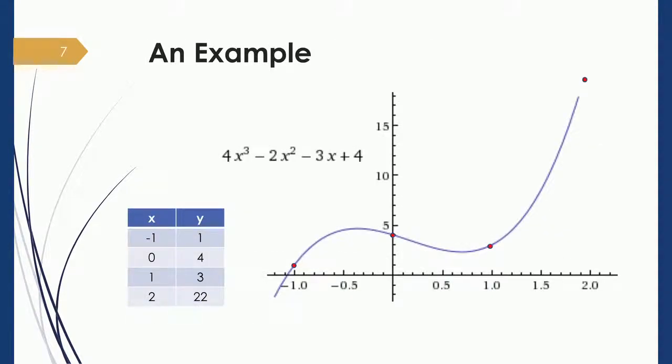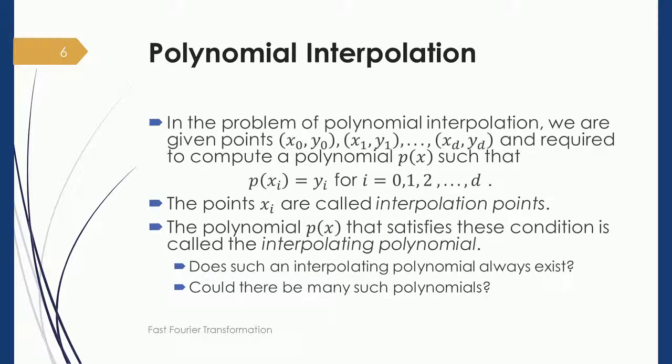We are given 4 points in this example. They are marked in red, and the table here gives the x and y coordinates for each of these points. Our goal is to compute a polynomial P of x such that for each of the x sub i's that we are given, P of x sub i evaluates to y sub i.